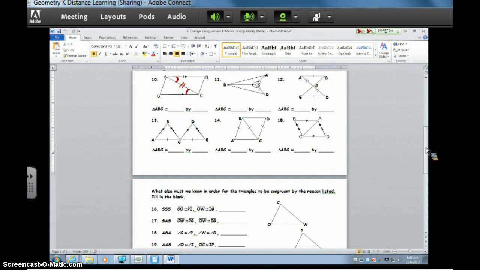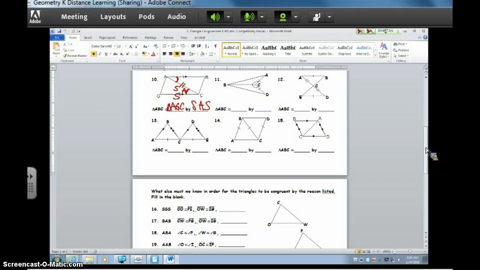Okay, so now these are congruent by side, angle, side. The angle is between the 2 sides. It is between. So you put the letter A between the letter S. Side, angle, side. Triangle ABC is congruent to triangle AGC.